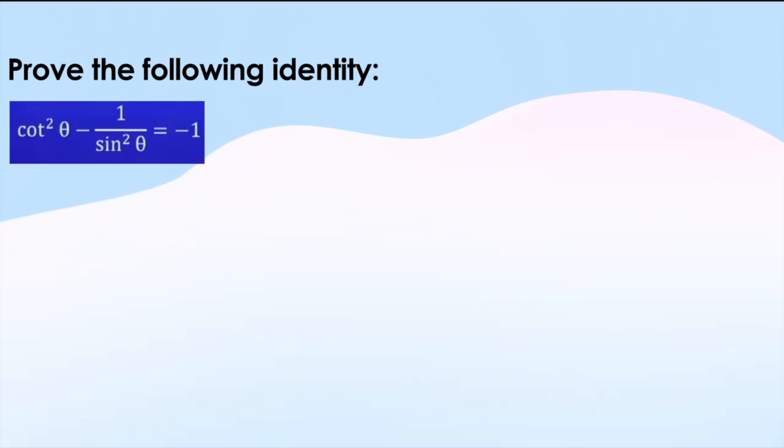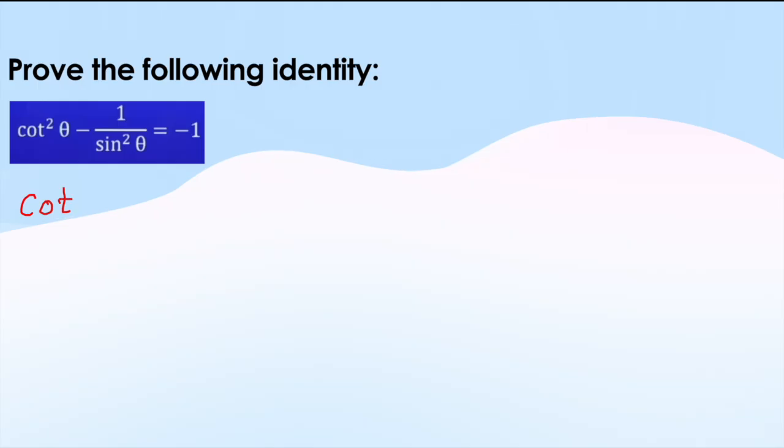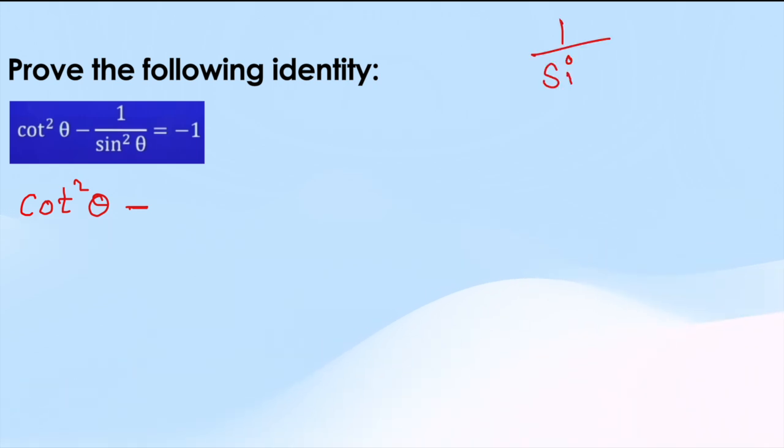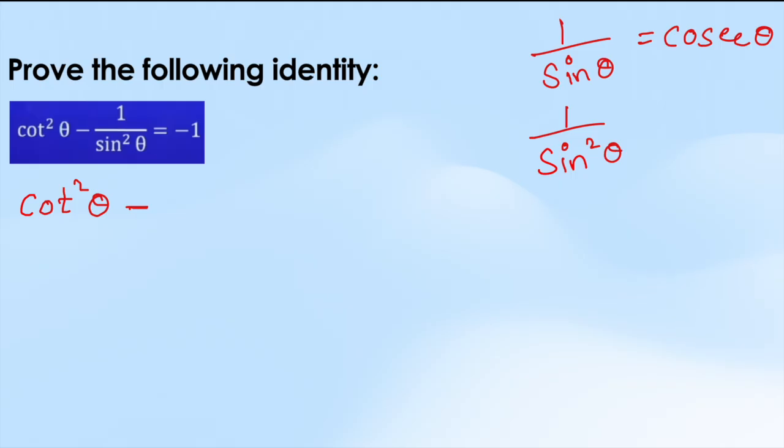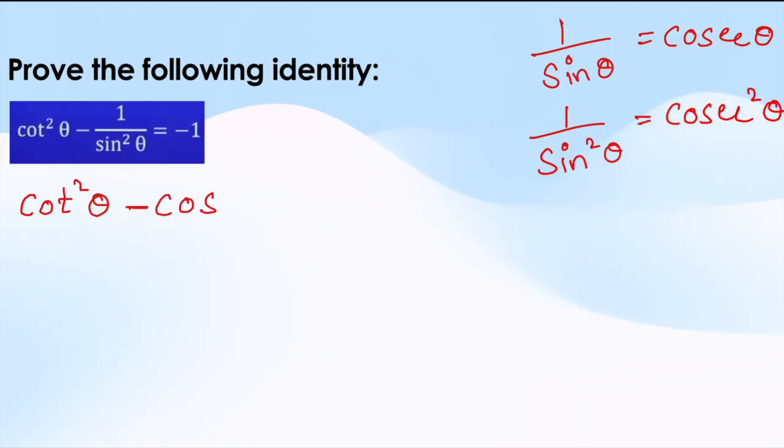1 by sine square theta is how much? It is the reciprocal of cosec, because 1 by sine theta is cosec theta, right? Reciprocal identity. So 1 by sine square theta will be equal to cosec square theta. Alright, let's put the value. So 1 by sine square theta can be written as cosec square theta.